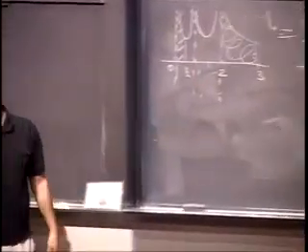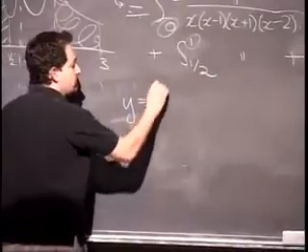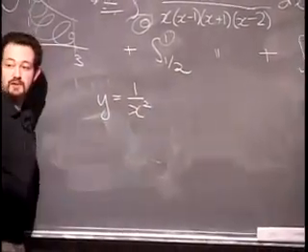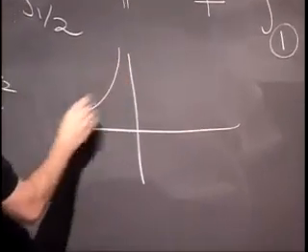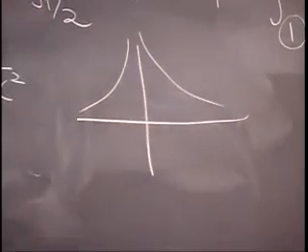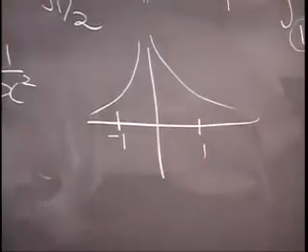I'll give you a quick example. Suppose you take the function y equals 1 over x squared. That looks like this. And suppose you want to go from -1 up to 1.